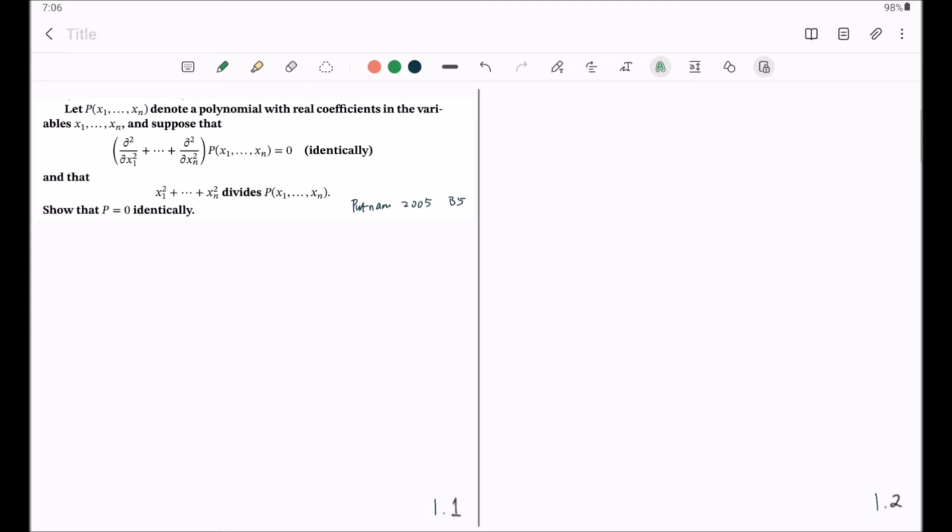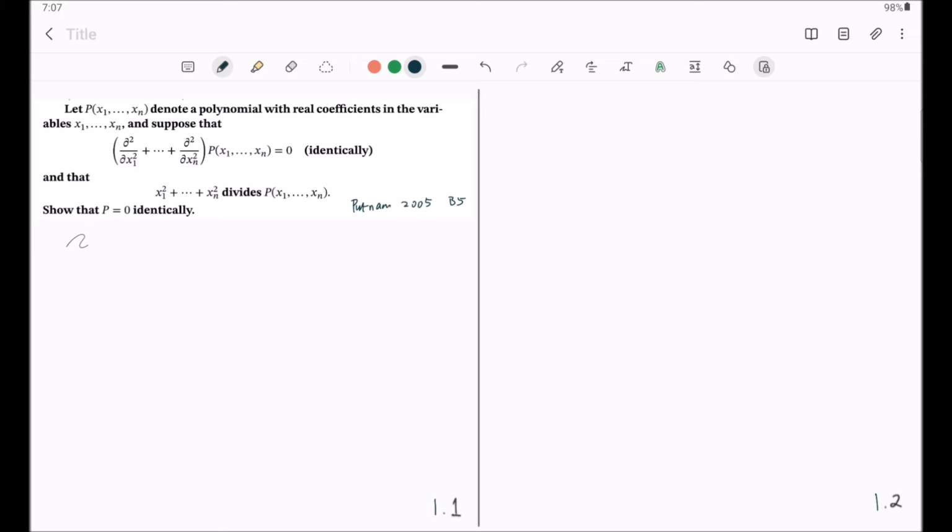Suppose that if we apply this differential operator to P, d by dx1 squared plus ... plus d by dxn squared, this expression is identically 0. And that x1 squared plus ... plus xn squared as a polynomial divides this polynomial P. Then show that P is identically 0 itself.